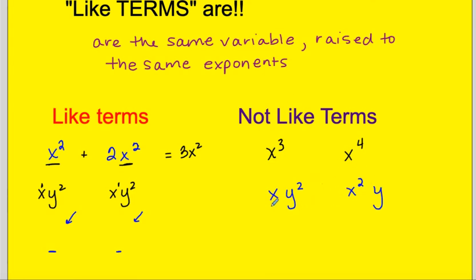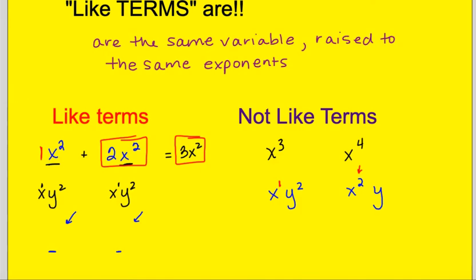Because x is a power of 1 in one and a power of 2 in the other, and y is a power of 2 and then a power of 1. Now, the number in front means nothing other than how many of them you have. So this is telling me I have 2x squareds and this is 1x squared, which is why when I added them, I would have 3x squareds. All right, so that's the difference between like terms and not like terms.